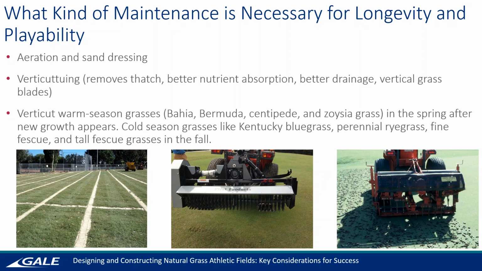And verticutting also helps the grass blades themselves stand up more and grow more vertically. There's different types. Warm season grass, you tend to do this in the springtime. In the cool season, you tend to do this in the fall.